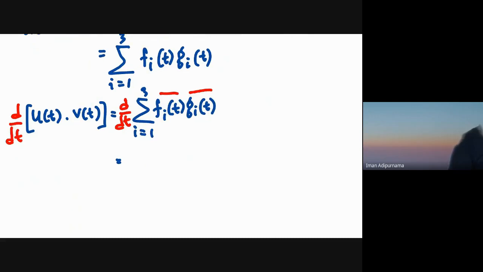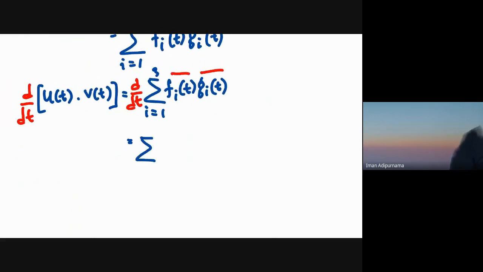In which you can apply the product rule. So we can write this sum and then write down the product rule.